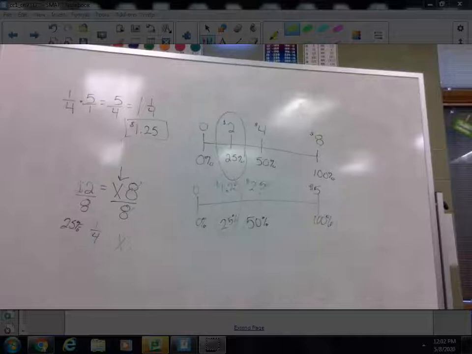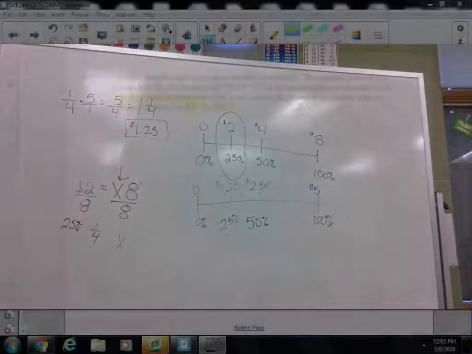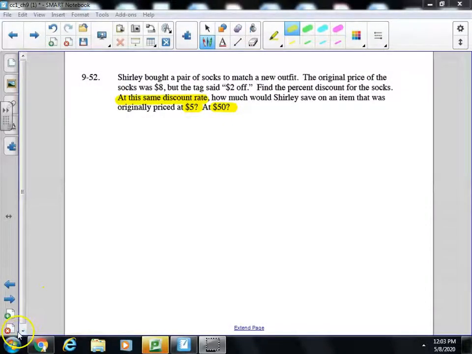So go ahead and use one of those ways to figure out how much she would save on an item if it would cost $50. What you should have found is that if you bought something that was $50, your discount was $12.50.